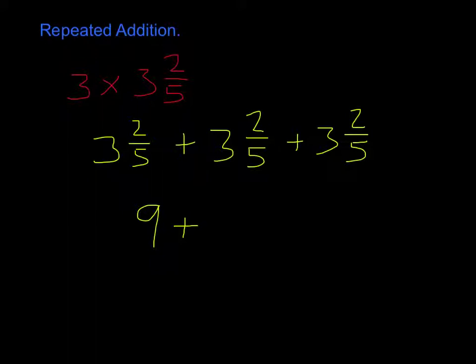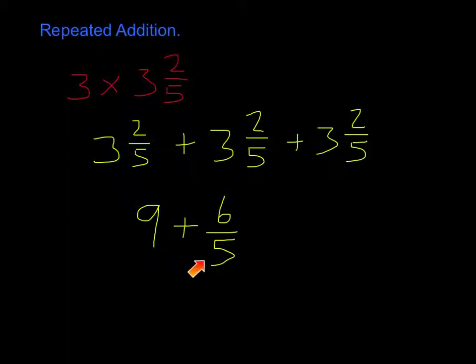So let's add up our 5ths now. Okay, so we're going to have our 2 plus 2 is 4, plus 2 is 6. So we're going to add our 6/5.